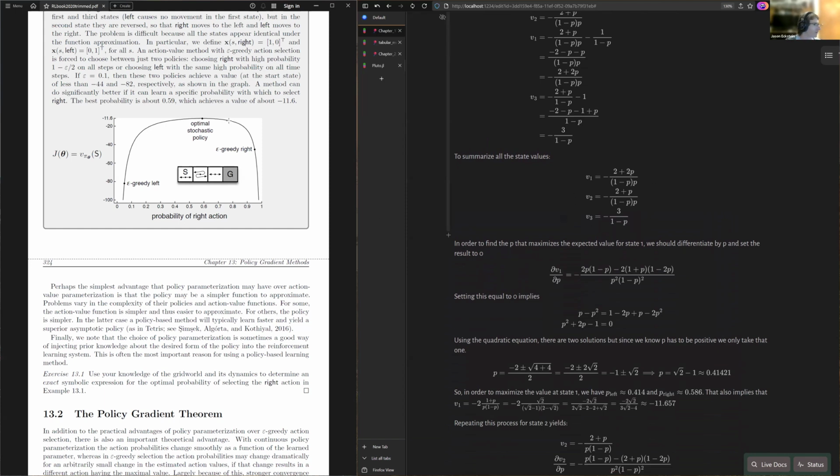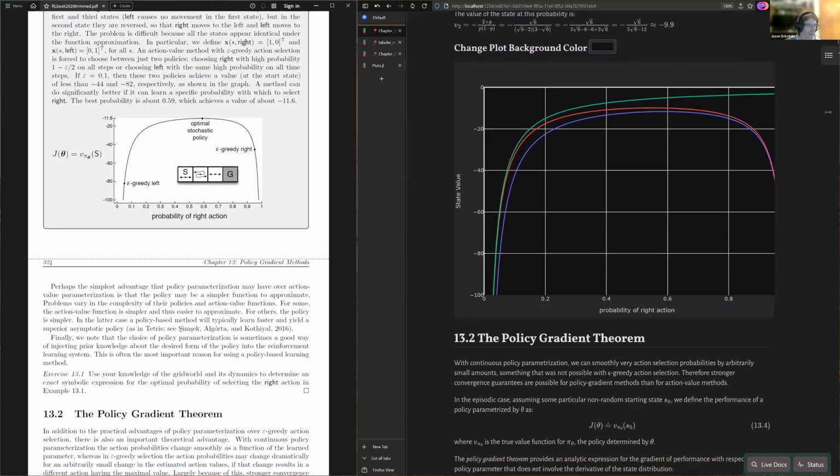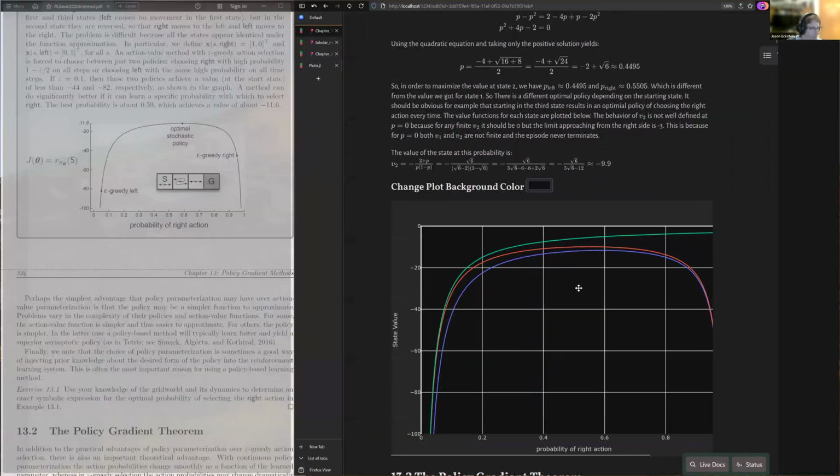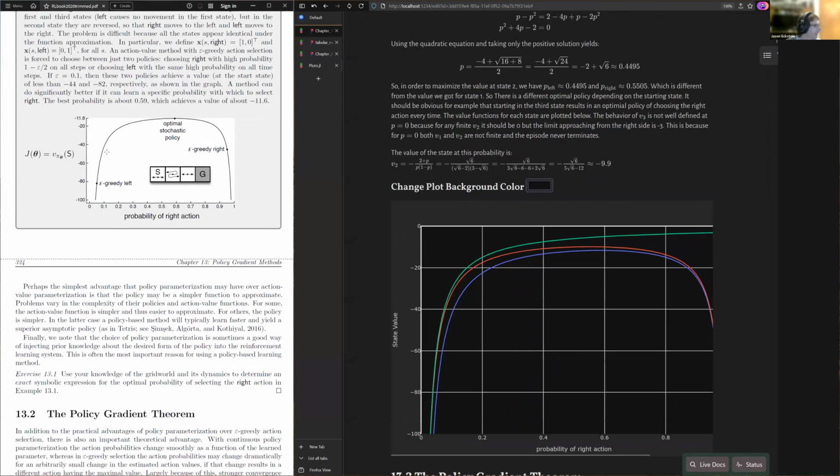That's what this curve here is actually showing, V1 as a function of P. Although here this is actually P left. Here this is P right. But I have the plot here. Now, this plot is only showing the state values for the starting state, which is V1. Here I'm showing the state value for all 3 states.